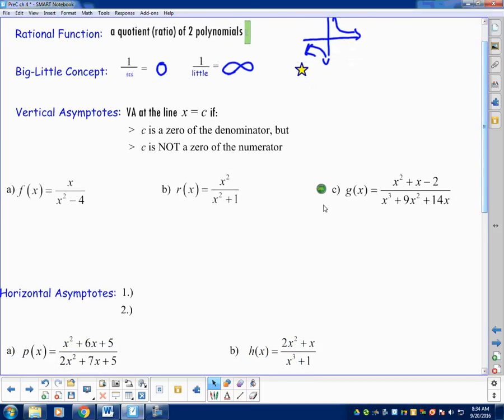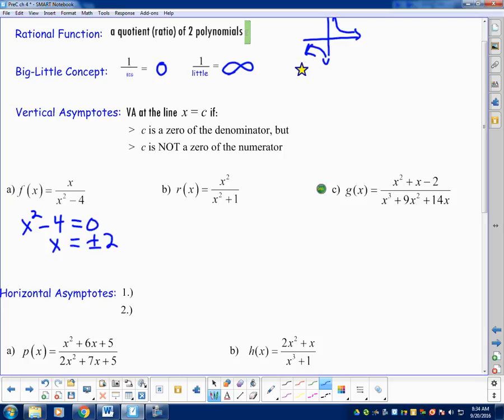The first one: to find vertical asymptotes, we're going to set x squared minus 4 equal to 0, and then factor it to find the zeros. So we're going to find the values c that make the denominator 0. Or just solve it. If I solve this, what do I get as my zeros? Plus or minus 2.